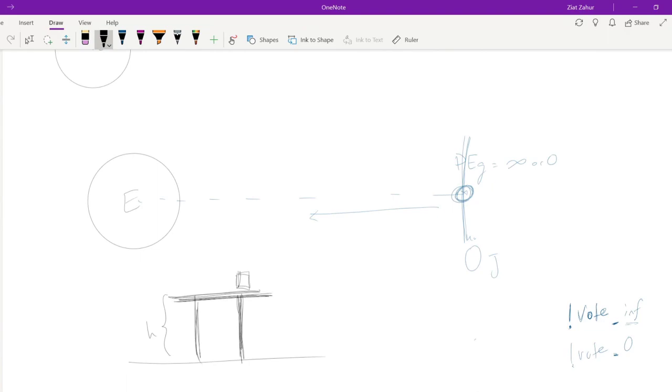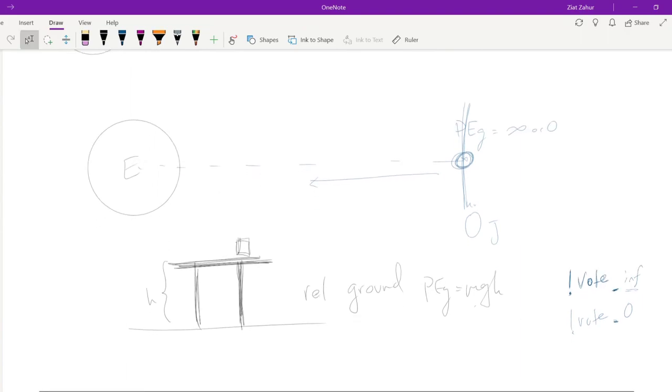So this object that is off the ground, relative to the ground, PEg is equal to mgh, right? But relative to the table, PEg is 0.